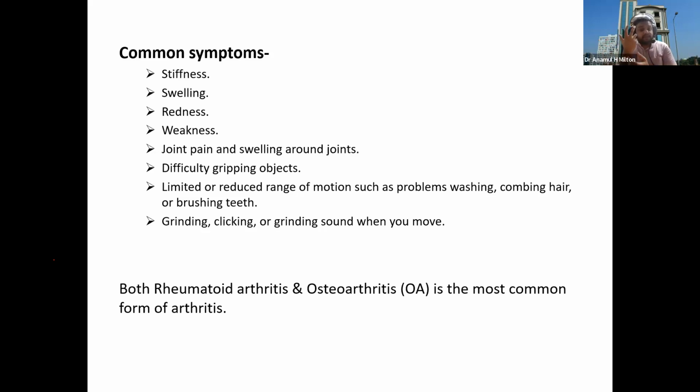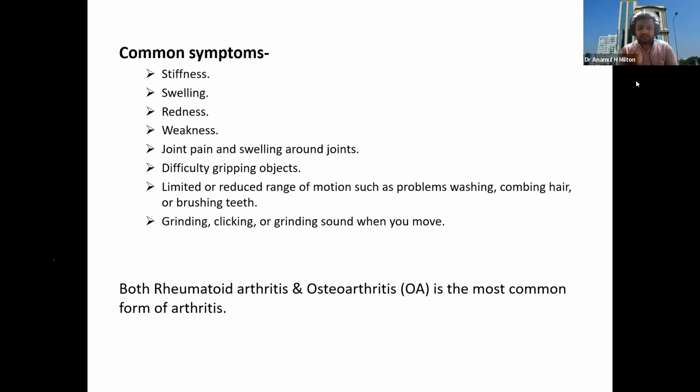But if you find pain, swelling, redness, and pain increasing at rest, at night or in the morning, and the pain attacks the person suddenly, not gradually, with a sudden onset, then first consider inflammatory arthritis, because it is very common.